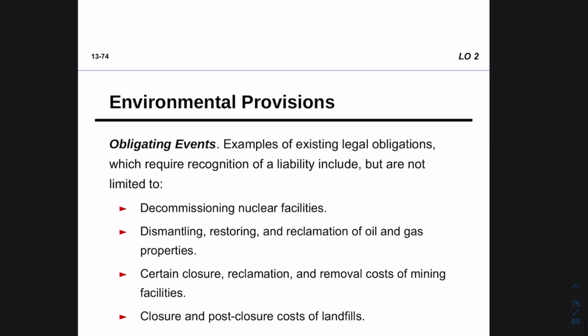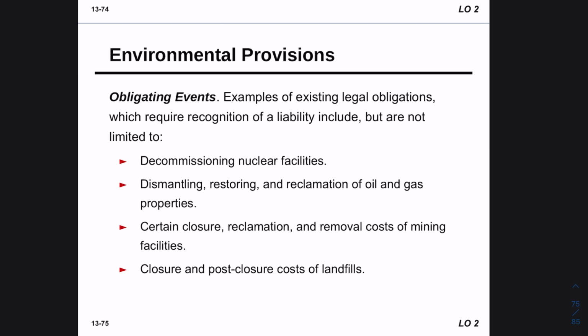For example, decommissioning nuclear facilities, dismantling, restoring, and reclamation of oil and gas properties, certain closure, reclamation, and removal costs of mining facilities, and closure and post-closure costs of landfills. These are examples of damaging the environment, where the cost is to clean up that environmental damage.